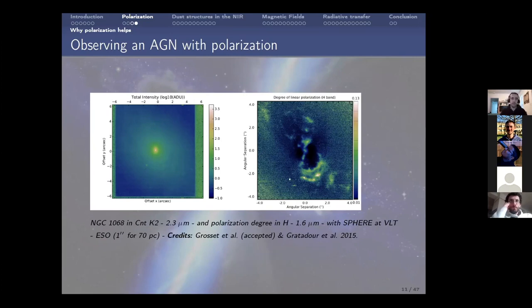This is mostly single scattering, so just scattering on those grains in the region we can see here. But I'm going to discuss that a little bit more. The polarization can efficiently reveal all the structure we cannot directly get access to because of contrast issues, for example. We can see way more detail on the right polarization map than on the intensity map.